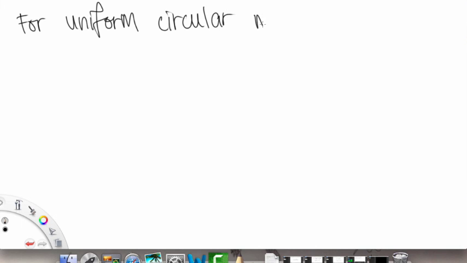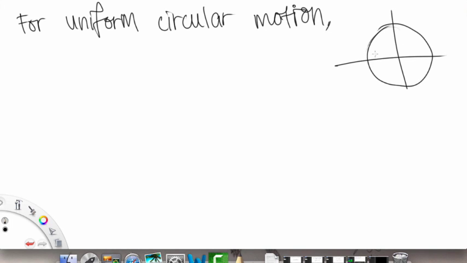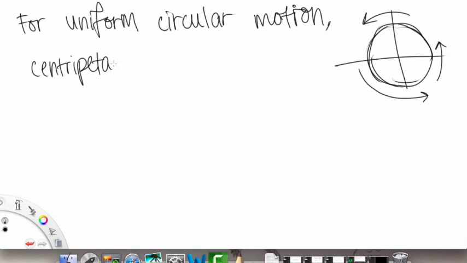Another thing to note is for uniform circular motion. Uniform means something is moving in a circle. If something is moving in a circle, then we have what's called a centripetal acceleration, which we'll call a of t.